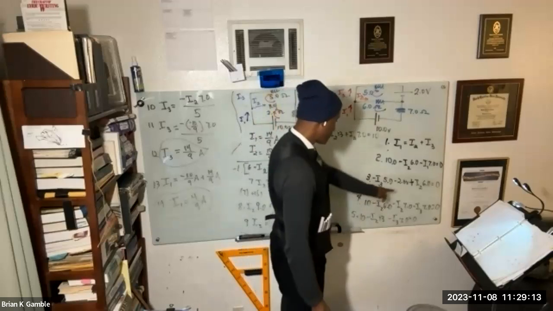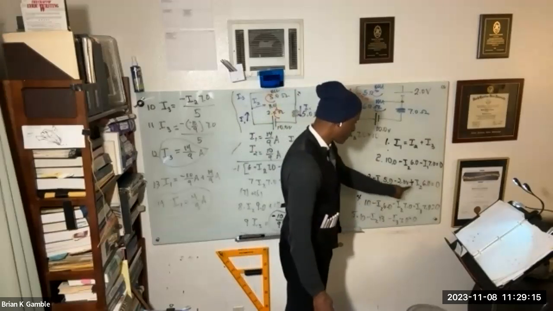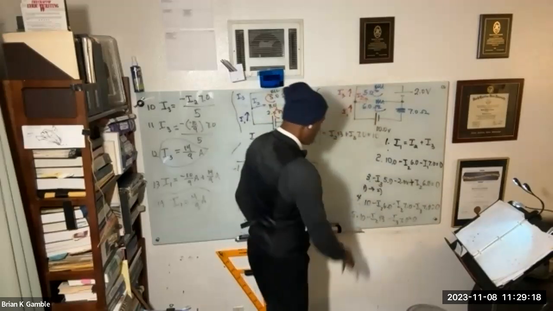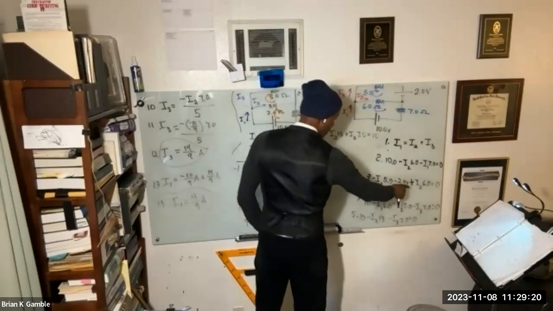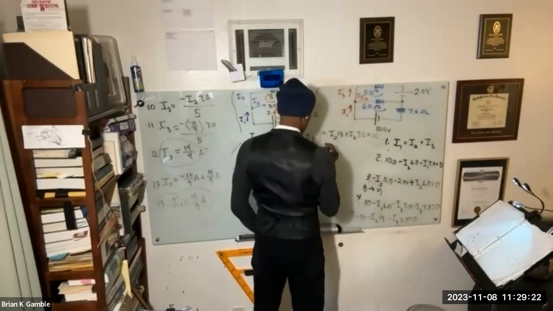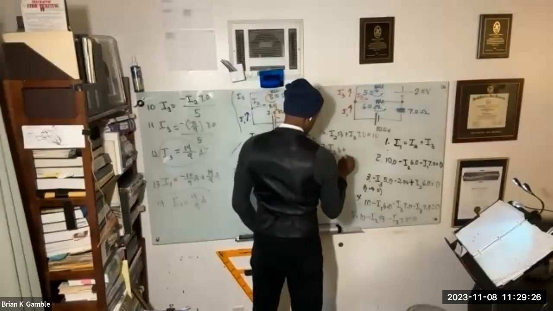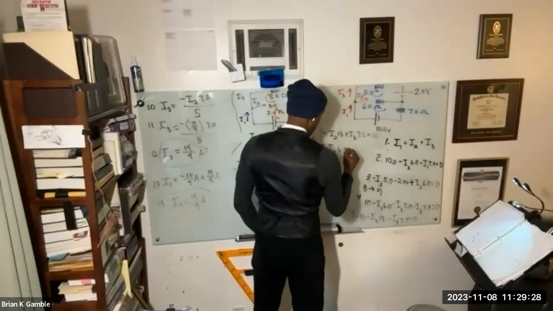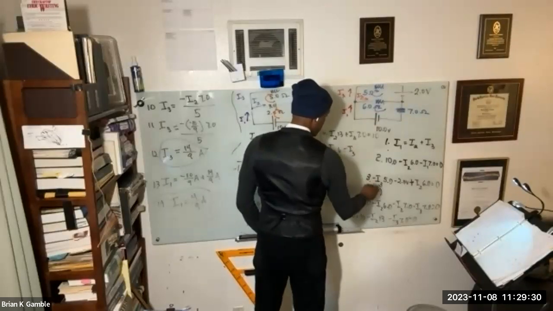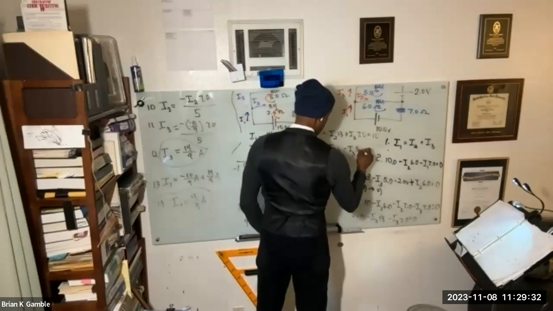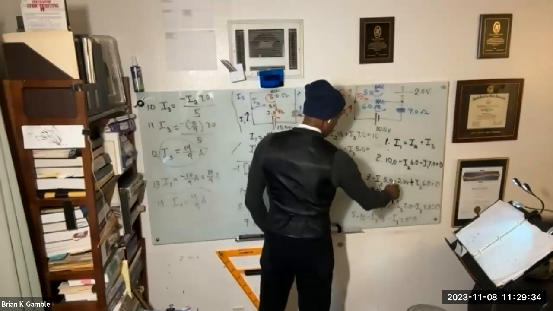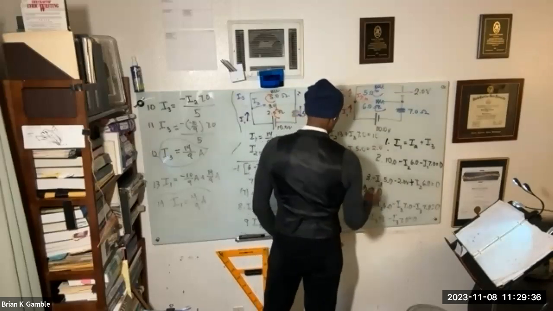And if I take this 2 volts on the other side for this equation, then I have I2 times 6, minus I3 times 5 equals 2.0.